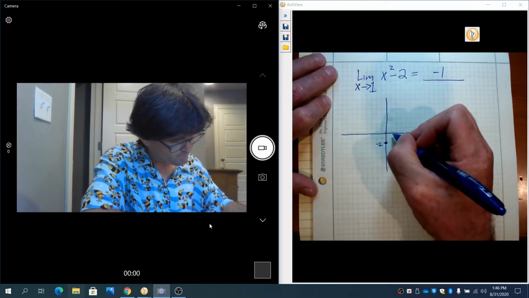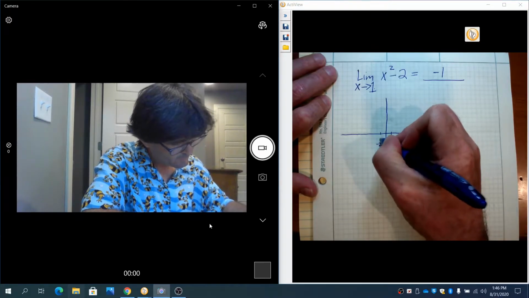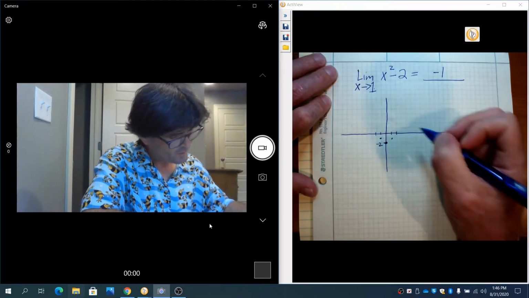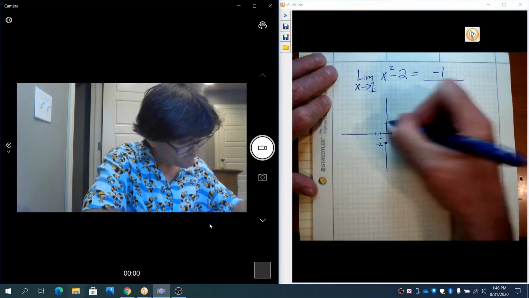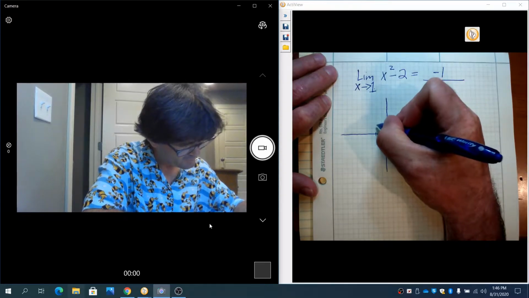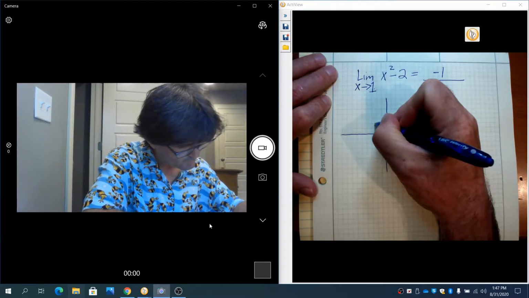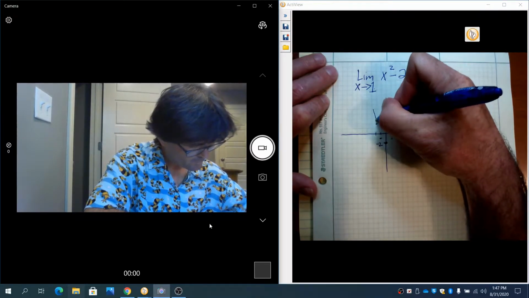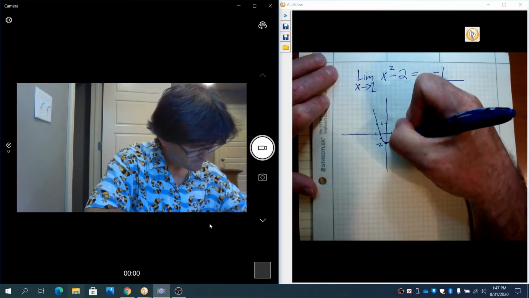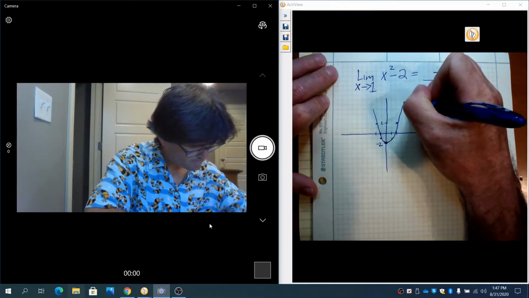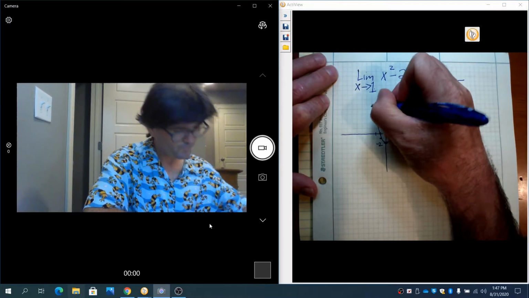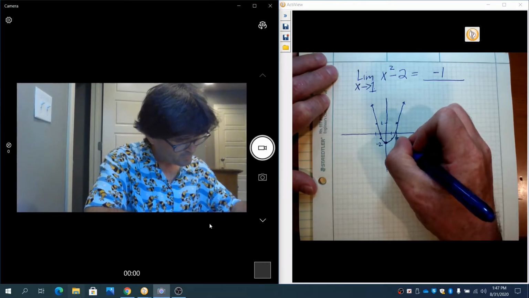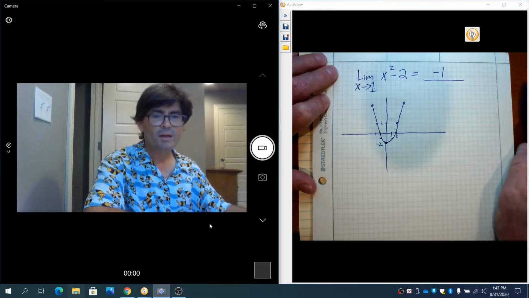We'll do x is 1, y is -1, x is 2, and y is 2. Okay, that's my graph. You can see this is 2, 1, and so forth.